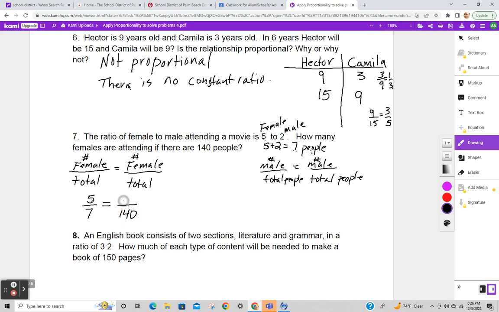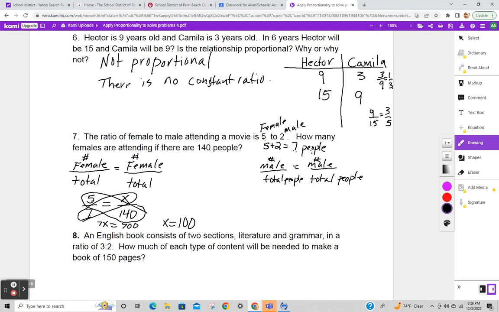How many of them are female? So that's x. We can take the cross product. 7 times x is 7x. 5 times 140 is 700. Divide both sides by 7, and you're going to get x equals 100. So there's 100 females.